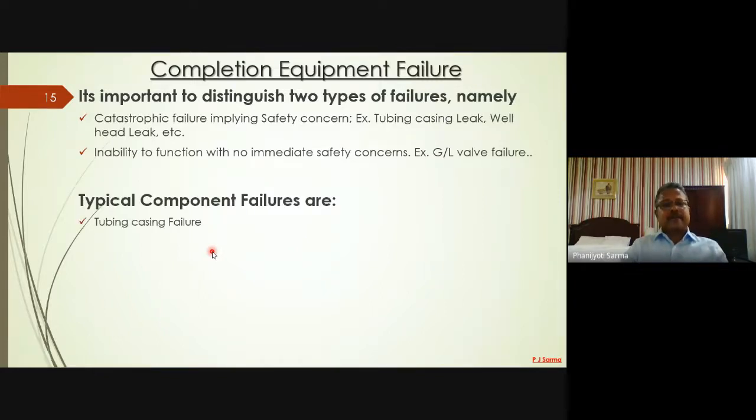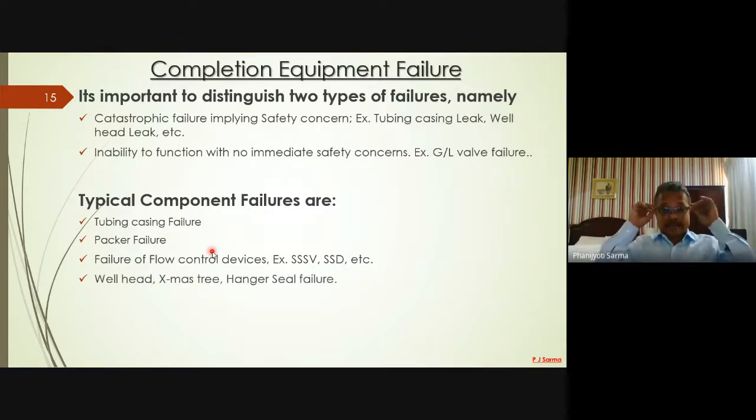And typical component failures are tubing or casing failures, the downhole packer failure, failure of flow control devices, because there are a lot of flow control devices installed in the completion, like the subsurface safety valve, sliding sleeve, or the nipple profile, nipples. So there are a lot of flow control devices installed, and if the equipment fails, it needs a workover.